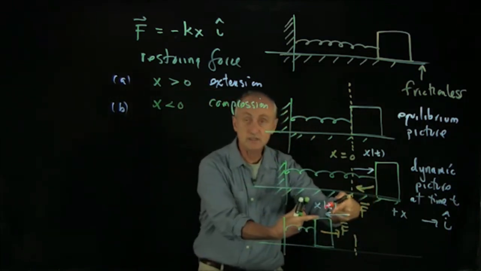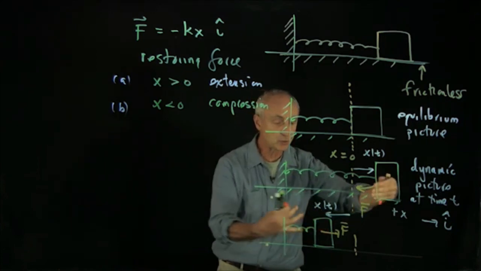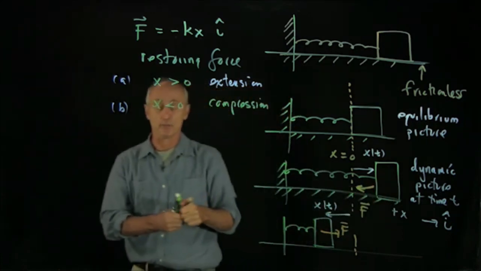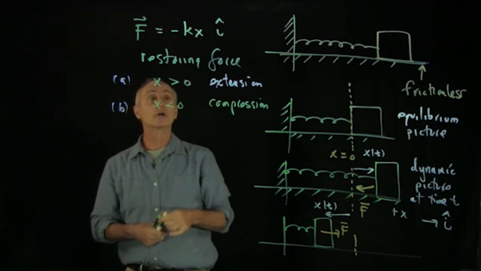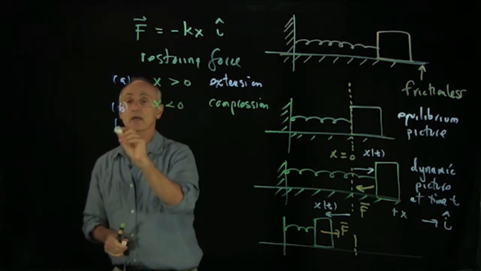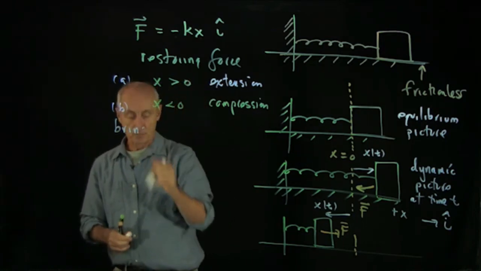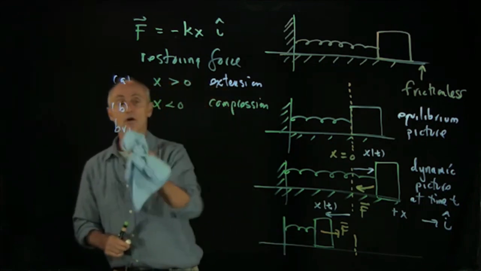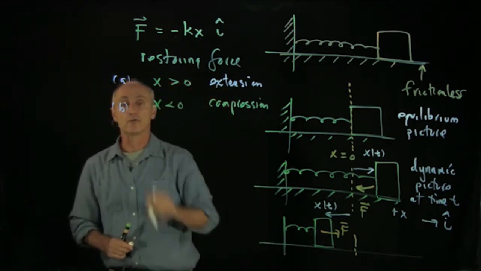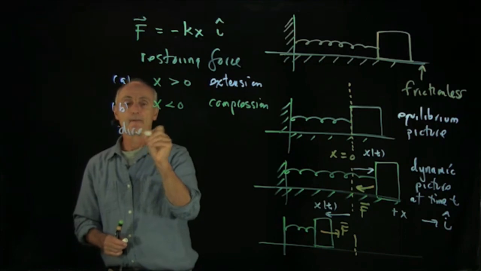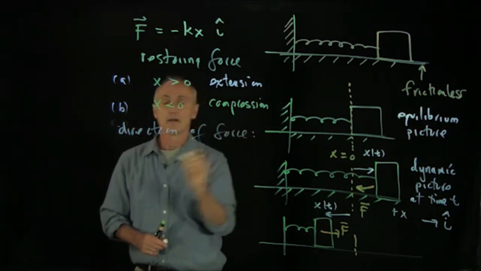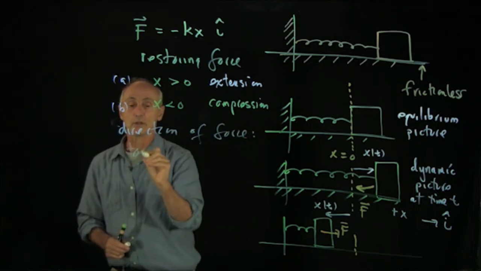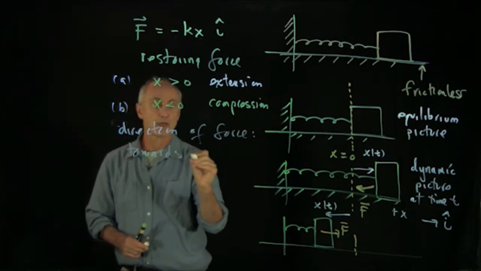And so in both instances, the force is a restoring force back to equilibrium. So the restoring force, whether you're under extension or compression, is always pointing in the direction towards the equilibrium position.